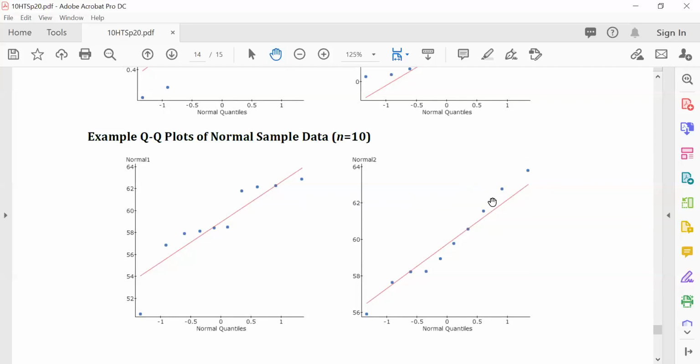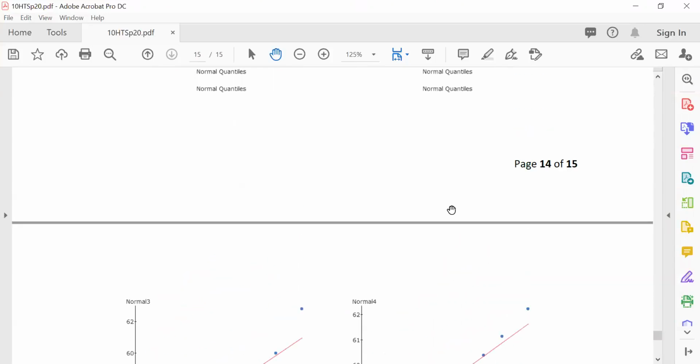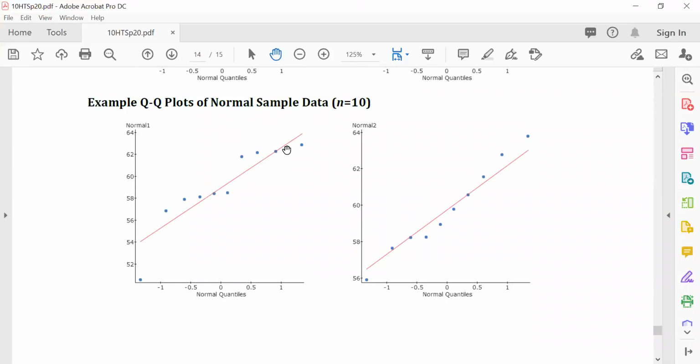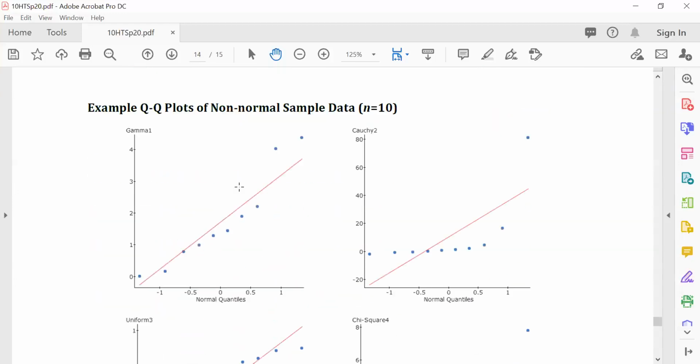This one looks pretty okay, but it still may seem like there is some pattern. This one may also seem like a pattern, I can't say, and this one looks too flat to me. So that's why I said here, if your sample size n is small, you can't have a clear answer.